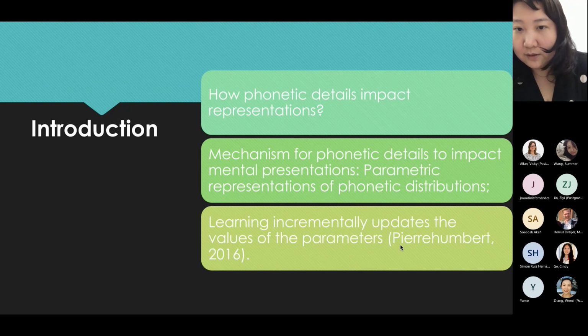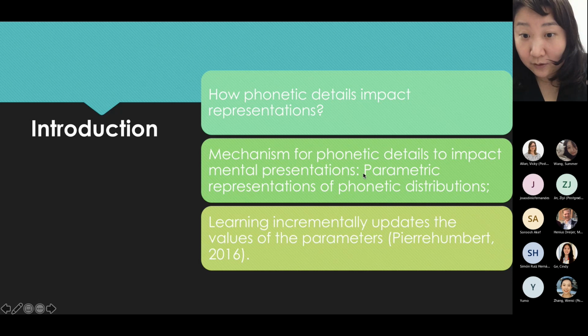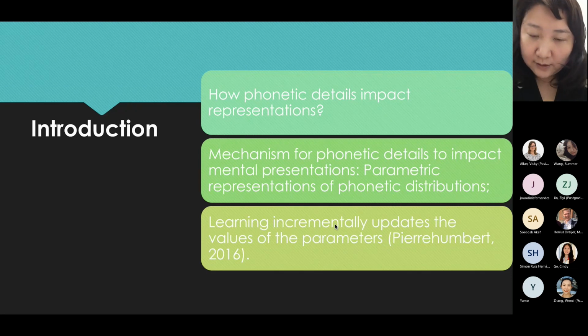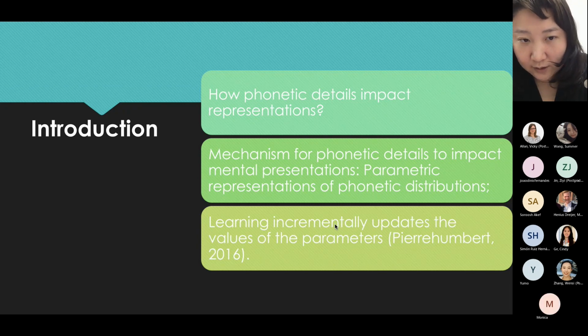So one of the ways to integrate these different levels is through parametric representations. So the idea is that when you're trying to create some mental representations, when you're processing different acoustic signals through your life, you're actually creating some kind of distributions in your mind.